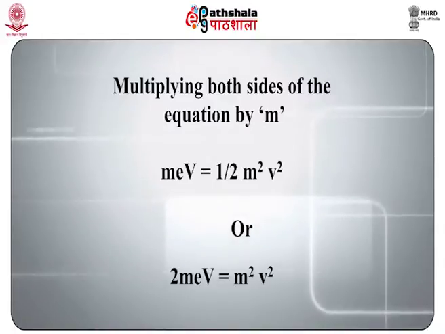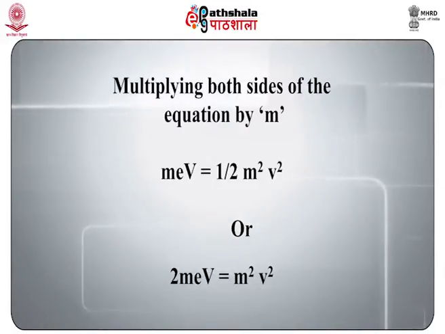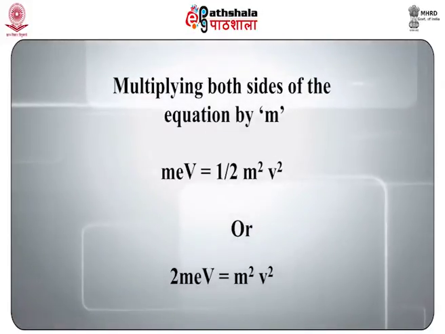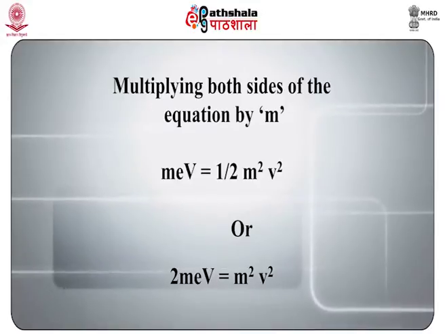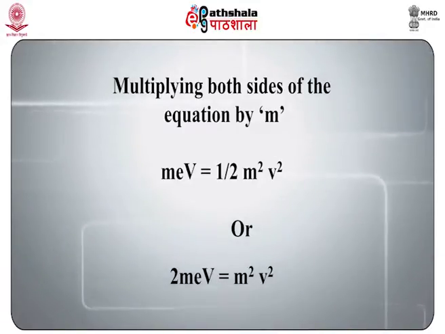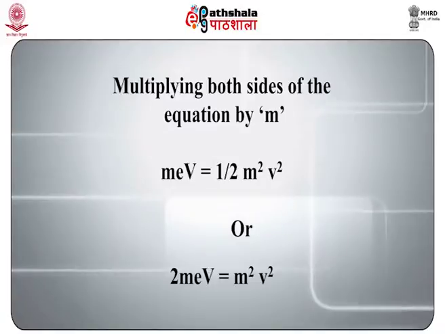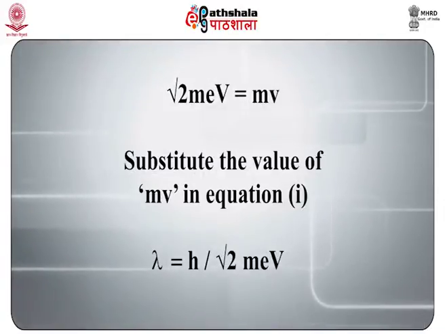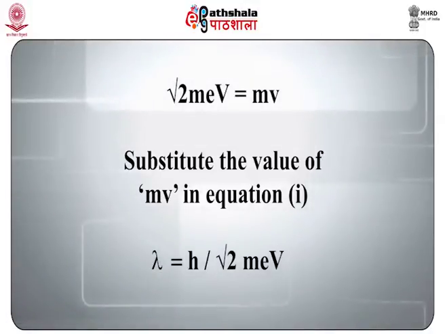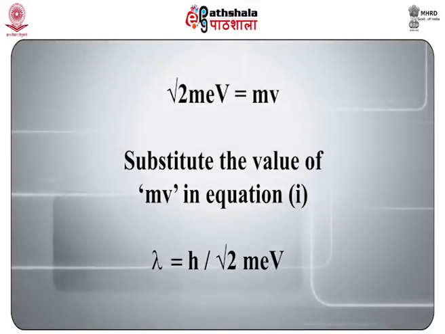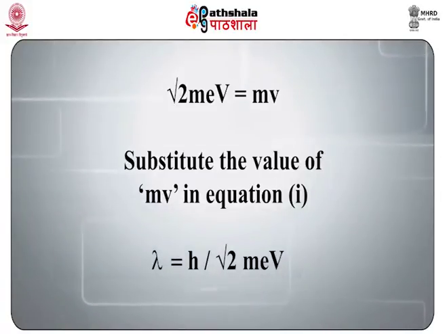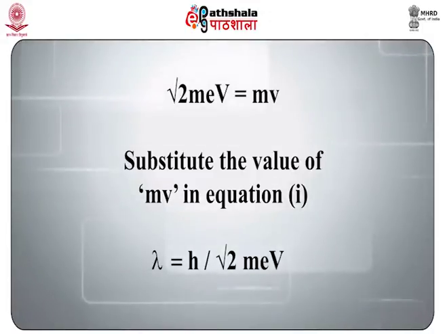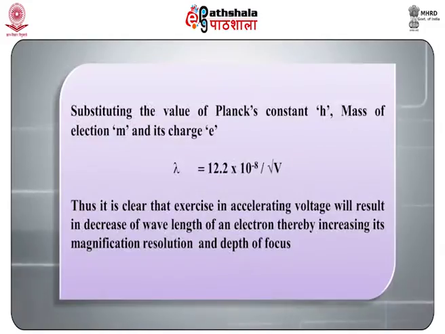Multiplying both sides of the equation by m gives meV is equal to half m square v square, or it can also be written as 2meV is equal to m square into v square. After taking the square root, the formula goes: under root 2meV is equal to mv. Now substitute the value of mv in equation 1 and you get lambda is equal to h by under root 2meV.